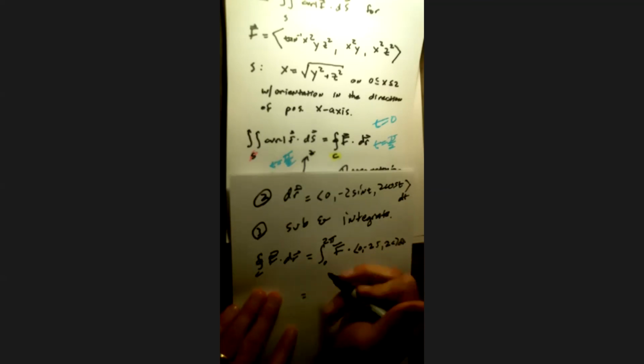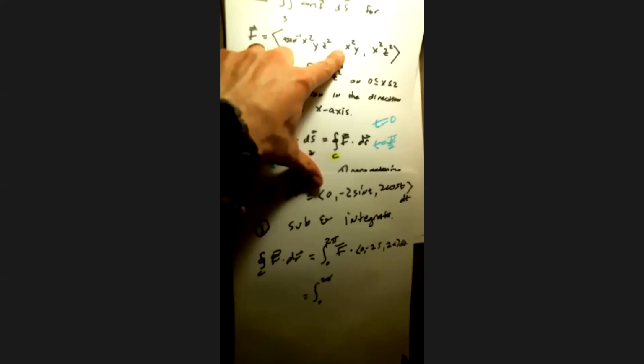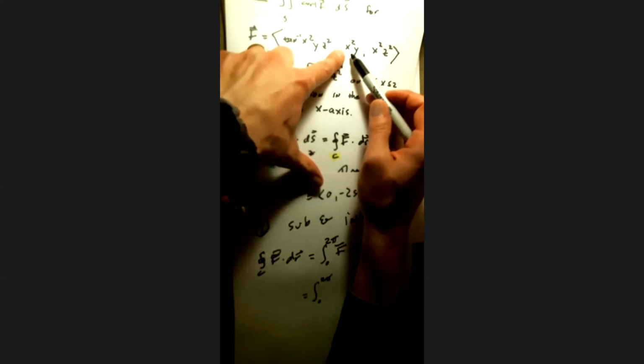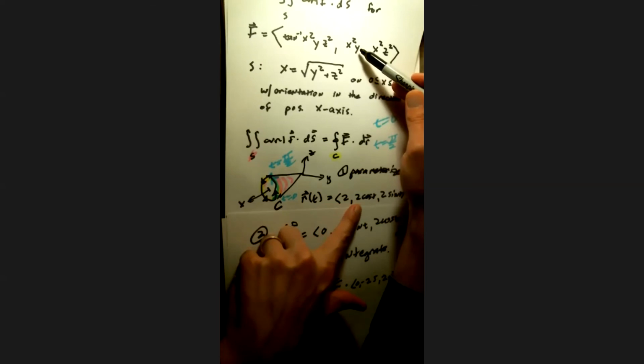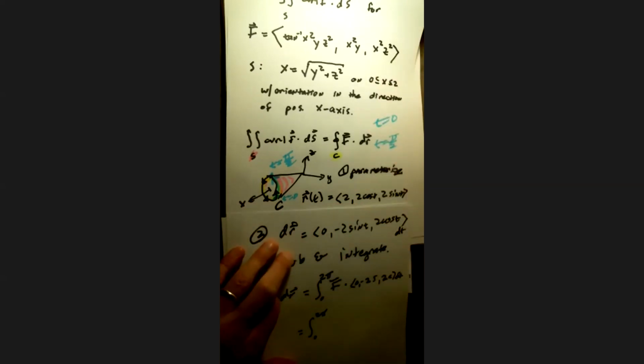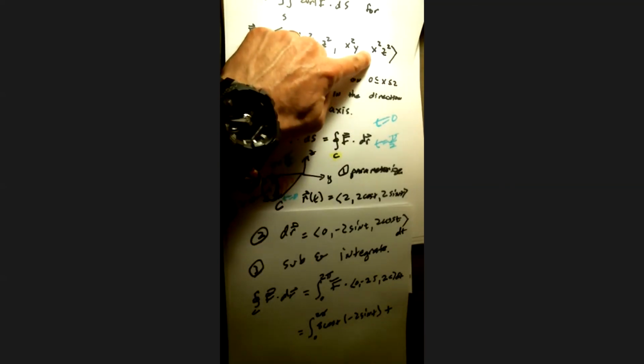So this will be the integral from 0 to 2 pi of the second component, which would be, remind me, what's x here? 2. Yeah, x is 2. So this will be 4 times 2 cosine, so that'd be 8 cosine t, times negative 2 sine t, plus x squared is going to again be 4.